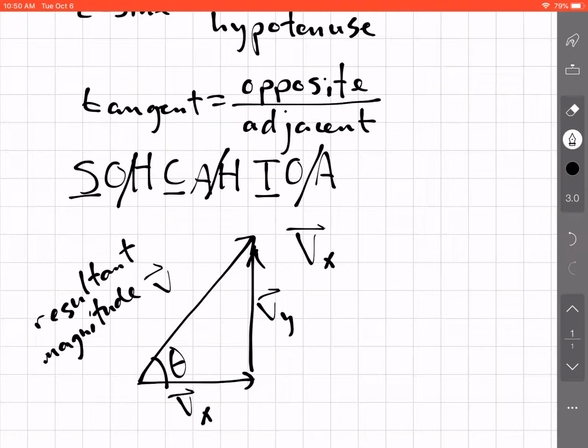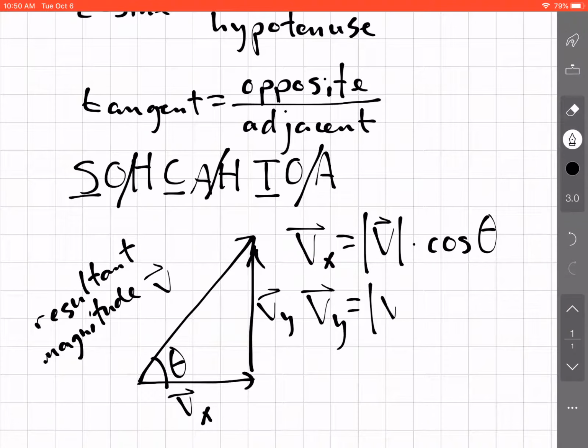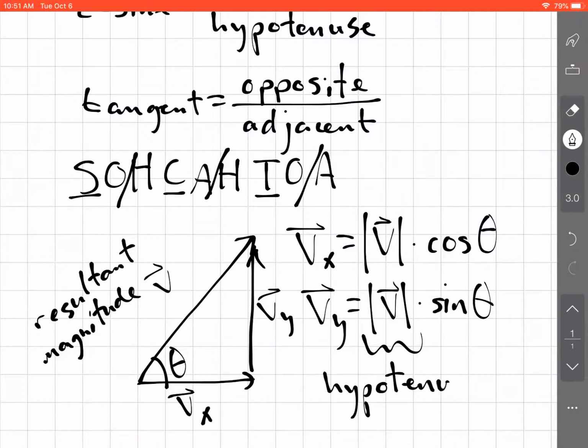Vx will be the hypotenuse times cosine of theta. Vy will be the hypotenuse times sine of theta. Again, this vertical looks like an absolute value bar, but all that is the hypotenuse, just whatever this value is over here.